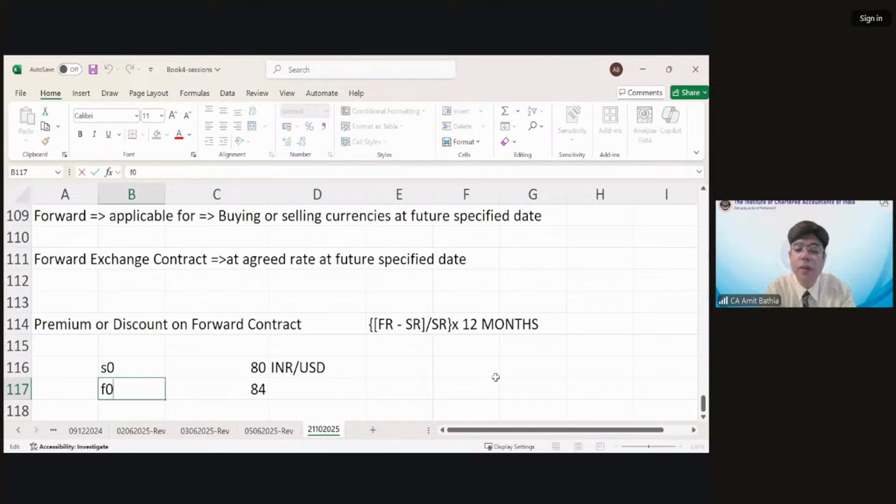Now F0 I will make it F1, so at the end of 1 year the forward rate is 84. Let's calculate.